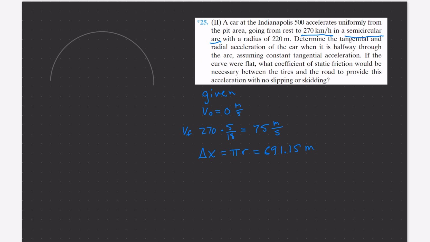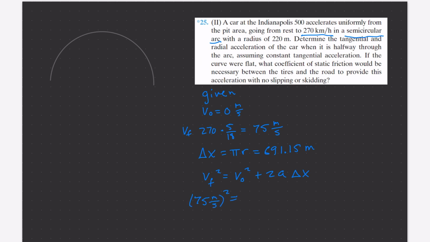If we're looking for the tangential acceleration, I'm going to pick a kinematic equation that takes what I have and allows me to solve for acceleration. The first one that comes to mind is Vf squared equals V naught squared plus 2a delta x. I'm going to plug in that 75 meters per second, squared.